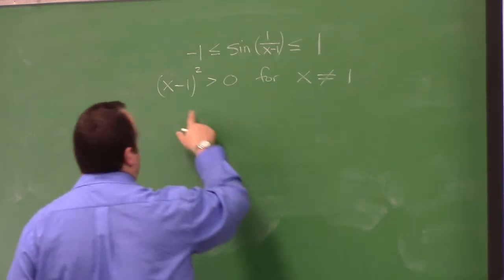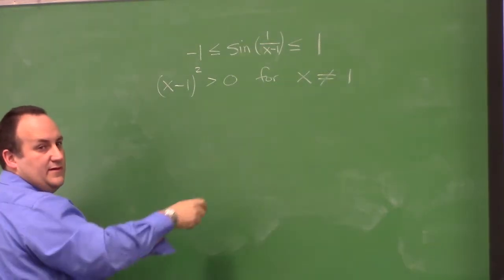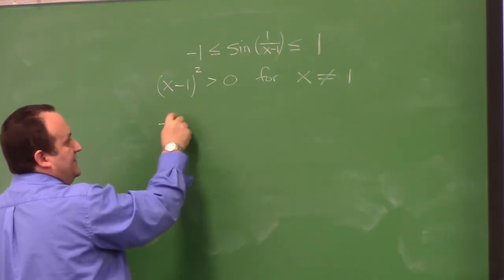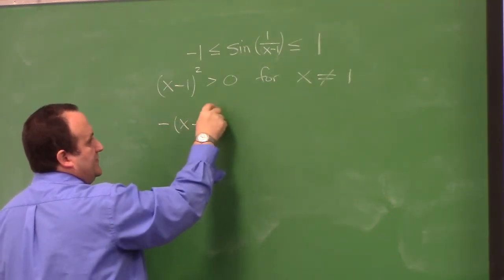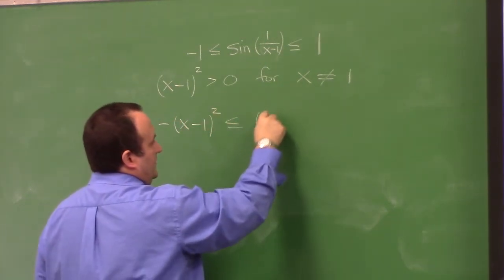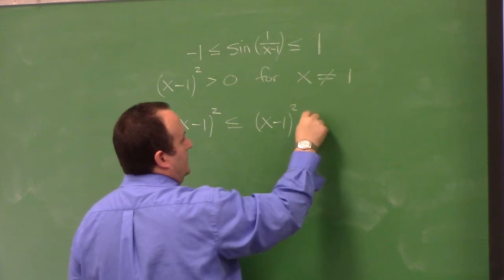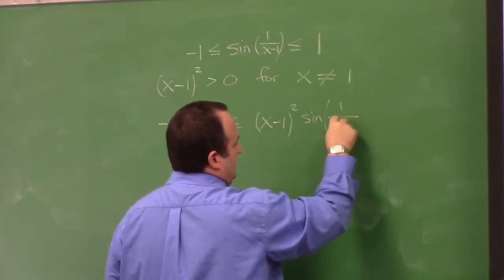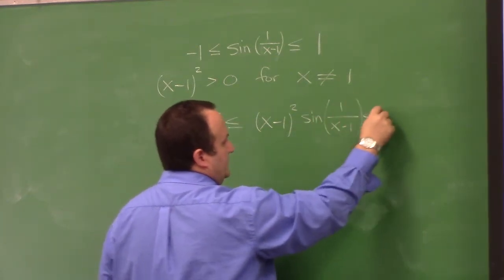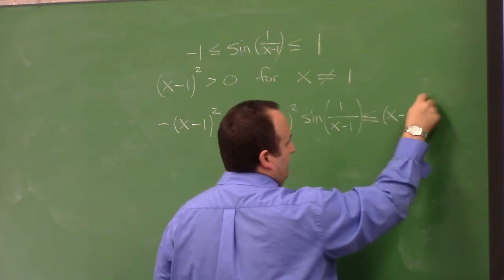Since that's positive, I can multiply the inequality by that, and I get minus x minus 1 squared less than or equal to x minus 1 squared sine of 1 over x minus 1 less than or equal to x minus 1 squared.